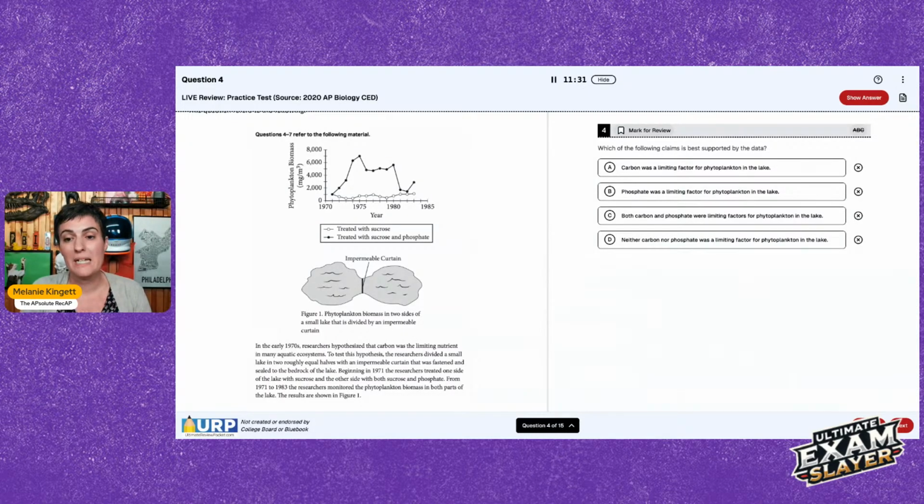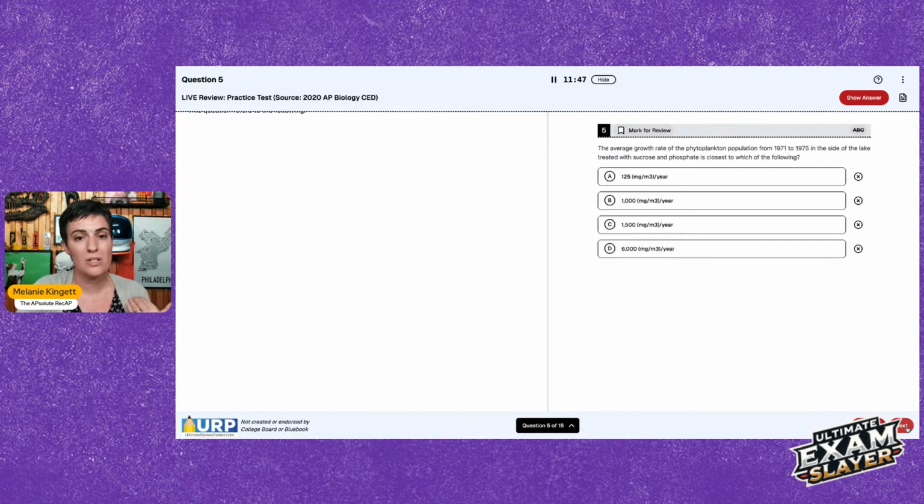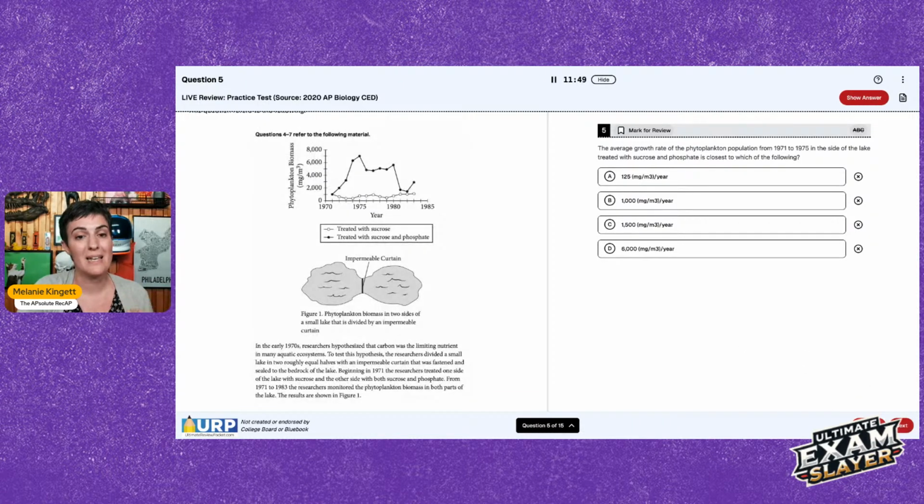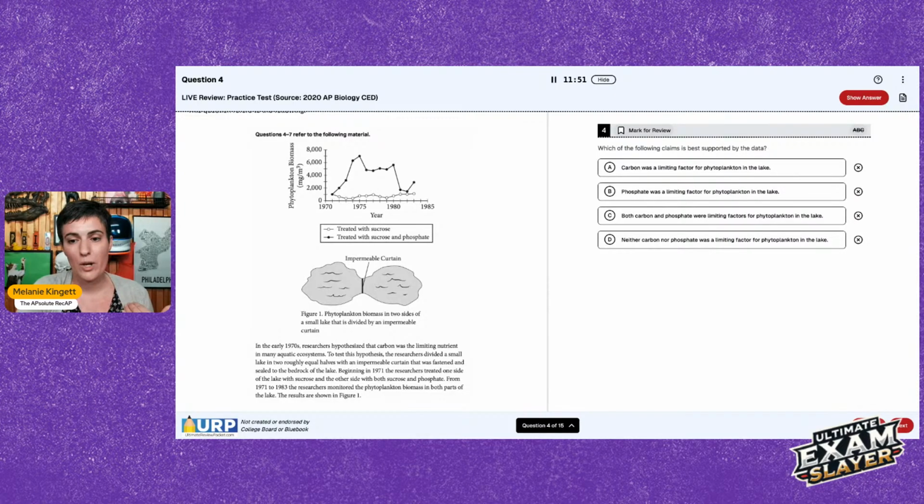The prompt is just talking about what the researchers did, and then we'll go to the question side. When I hit next, the question is going to change, but the prompt is going to stay the same until I get to question 8.